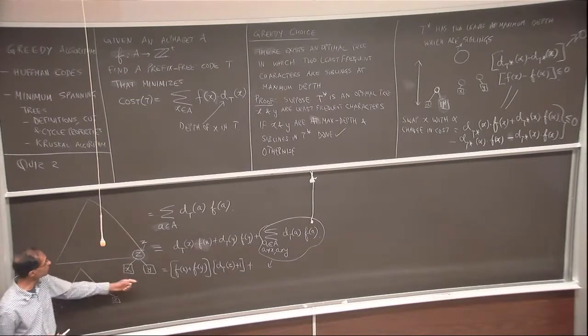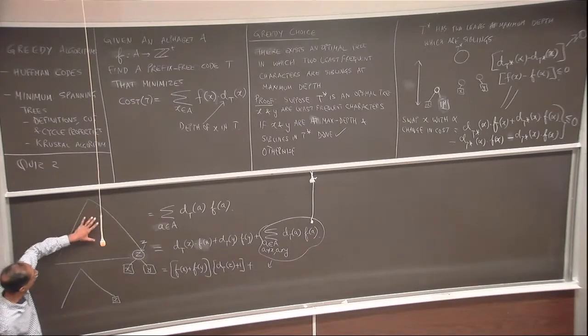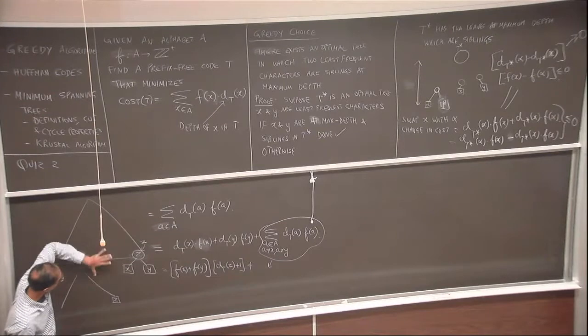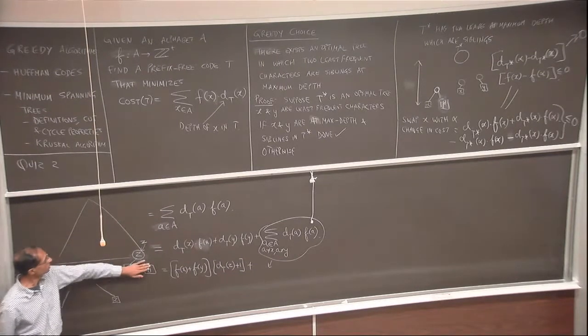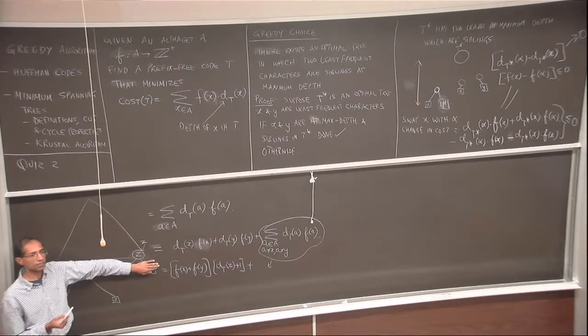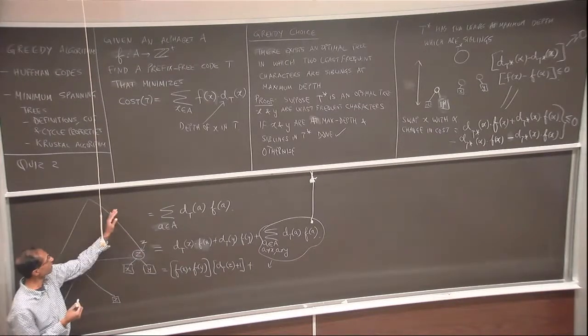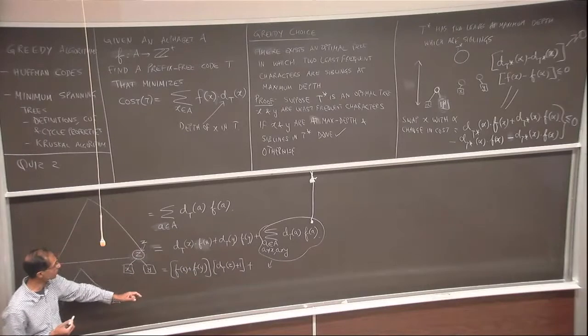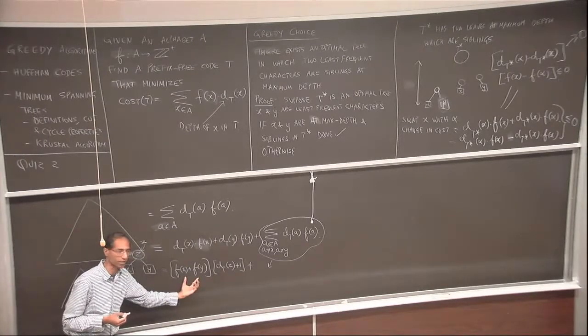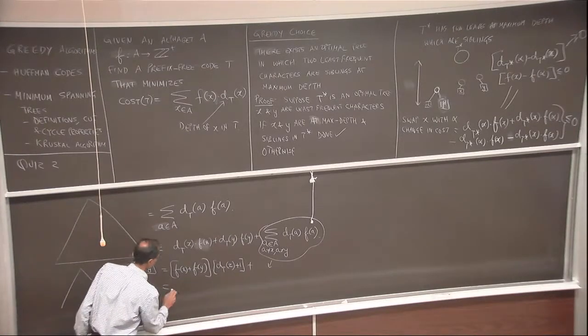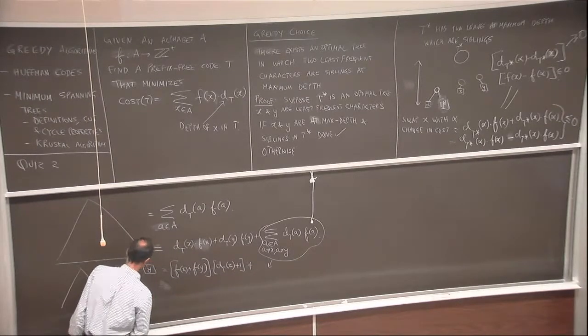Now, if this tree is supposed to be optimal for the entire alphabet, the remaining tree must be optimal for the new alphabet, because the difference between the remaining tree and the new tree is just this excess f of x plus f of y. So let me just write this out.